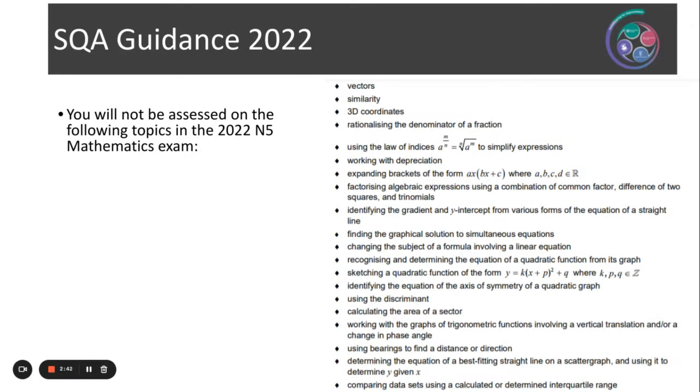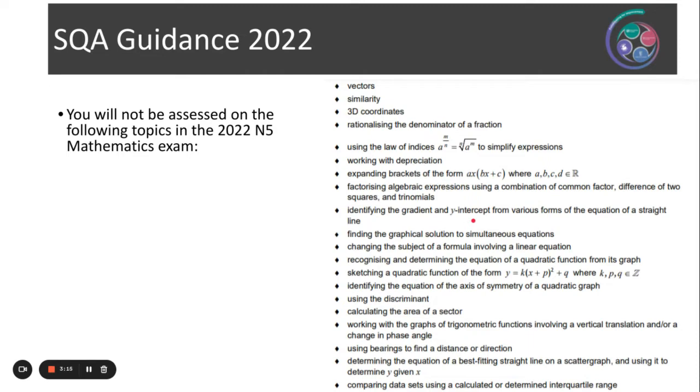So you might still get an index which is a fraction, but you just won't be expected to change it to surd form to simplify it. Working with depreciation, expanding brackets of the form ax times bx plus c, where a, b, c and d are the set of real numbers. Factorising algebraic expressions using a combination of common factor, difference of squares and trinomials.